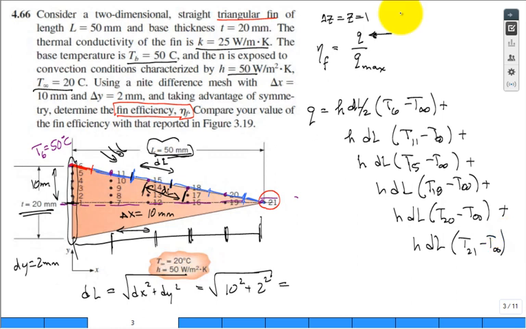So that's how we would calculate the numerator needed to calculate the fin efficiency. I have to solve for those temperatures. The ones that are really important are the ones along the convective top.